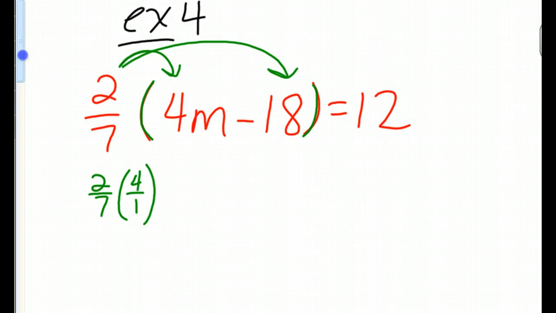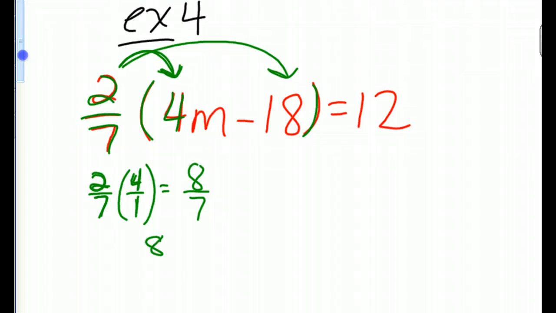That's going to give us 2 times 4 is 8, 7 times 1 is 7. So that's 8/7, and that's like a really weird fraction. So 8/7 m.